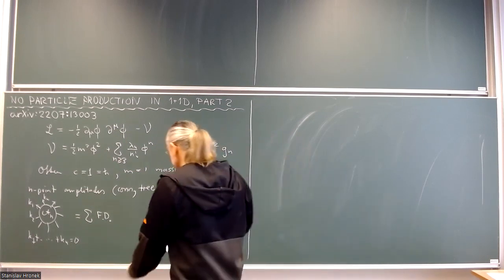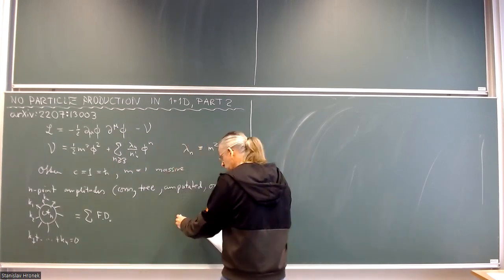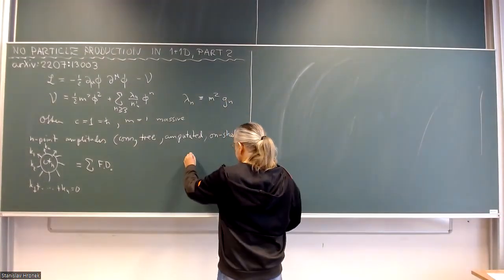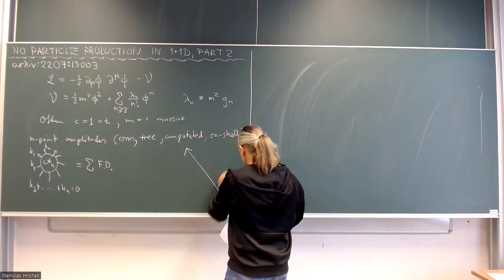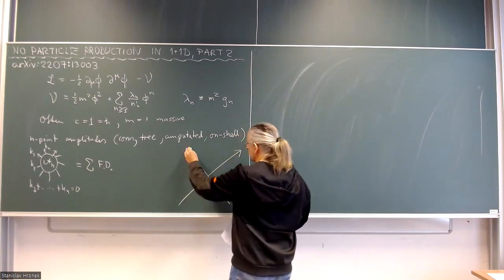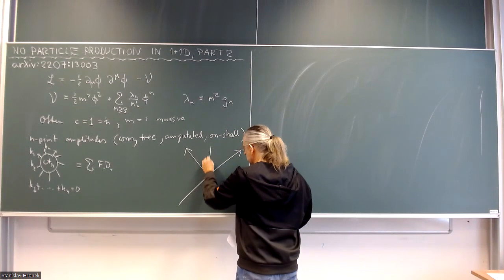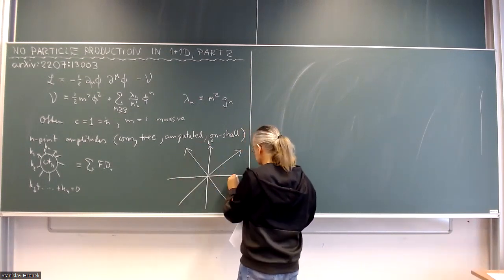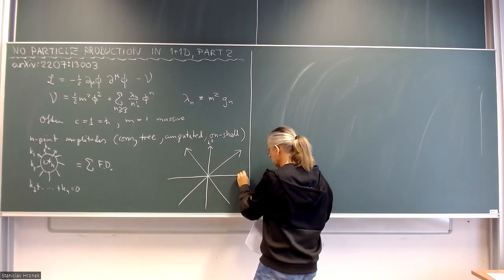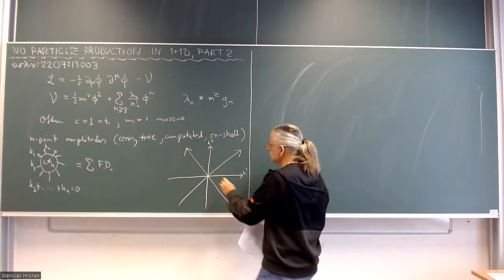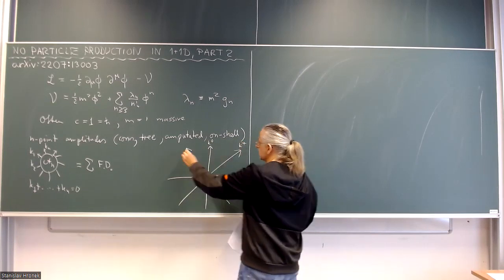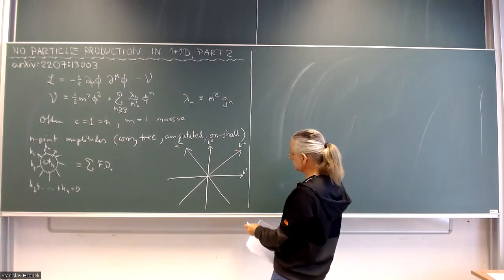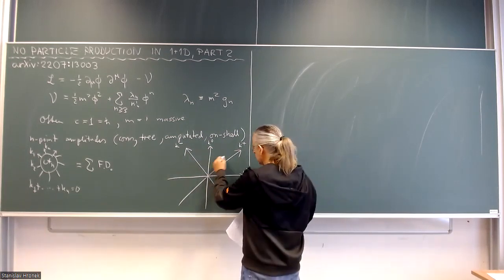Then it was very useful to go to light cone coordinates. So instead of using energy and momentum, so we have energy E and momentum k1 in 2 dimensions, we use the plus and minus light cone coordinates.